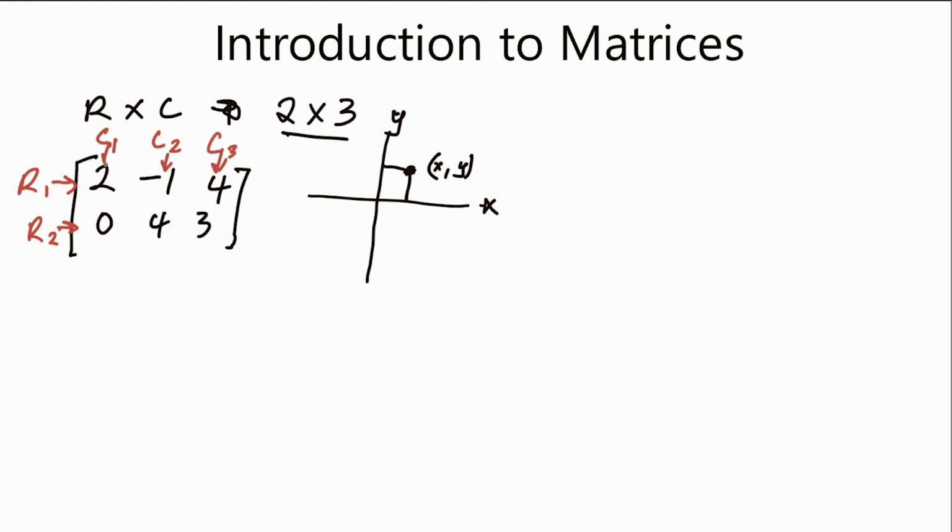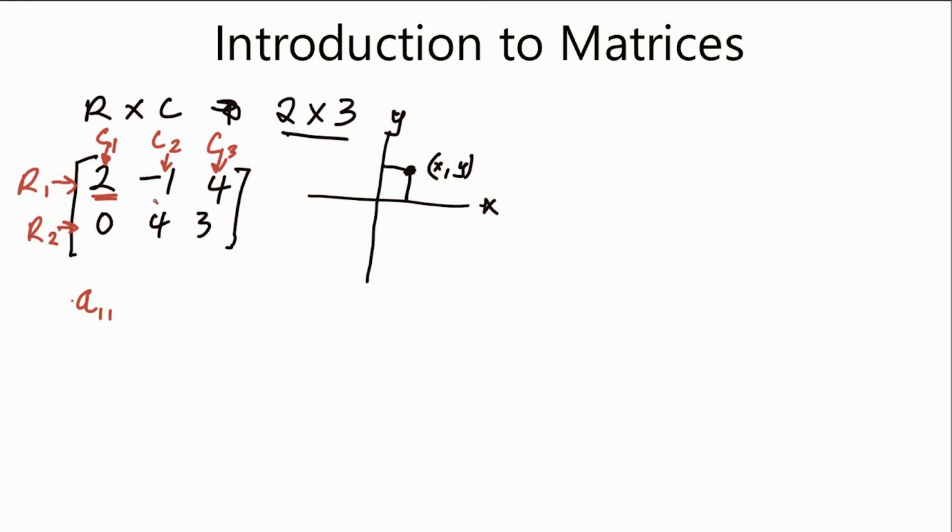So we can actually describe the position of each element in terms of rows by columns. For example, this value 2, we can say it is in row number 1, column number 1. So we can say this is A 1 1, because this number is in row number 1 and column number 1.